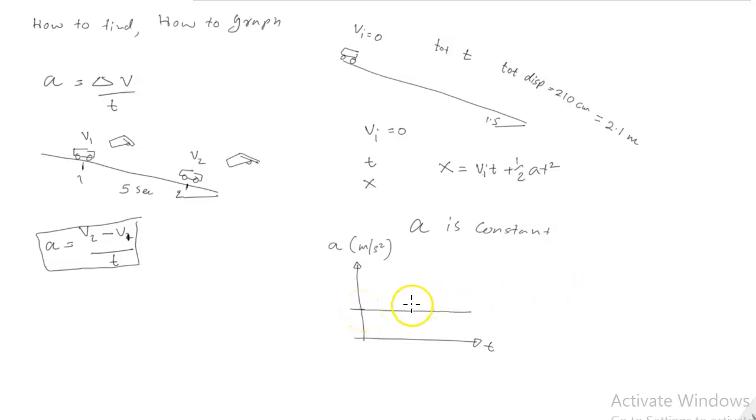Because it's constant, it does not change over time. So starting from 0 to whatever that end time, maybe it's 2.5 seconds, it's going to be a horizontal line.